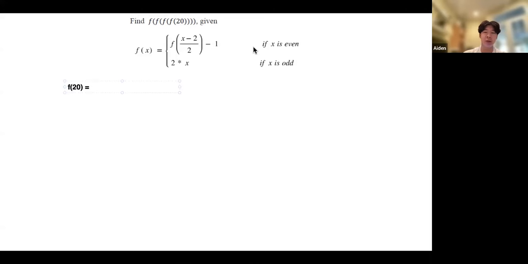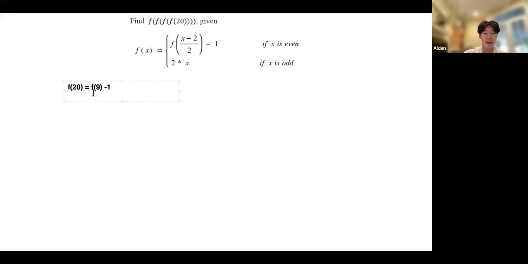So f of 20, 20 is even. So this is the top equation. And 20 minus 2 is 18, and then 18 divided by 2 is 9. So f of 20 is equal to f of 9 minus 1.